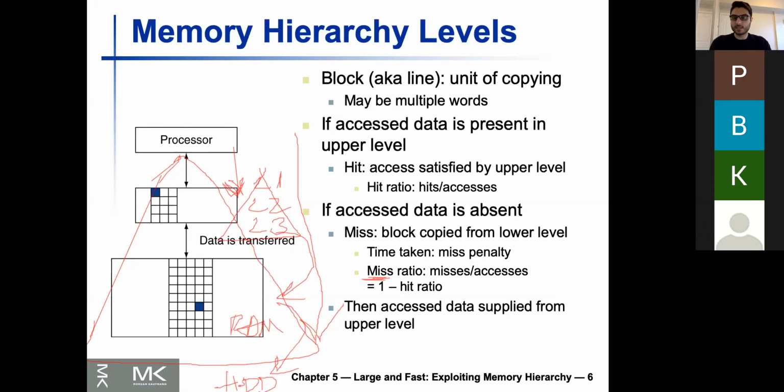So that's a penalty you're paying, added to the search in the secondary level, or the third layer. That's why if you miss, you've already missed, and you also have to pay a penalty to find the data in a lower level.